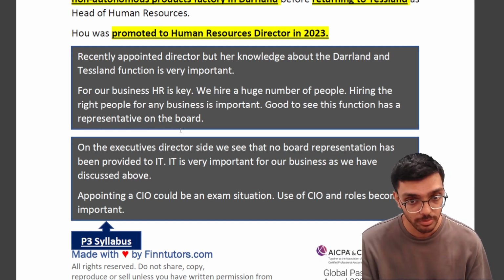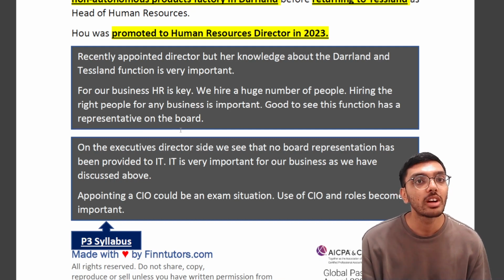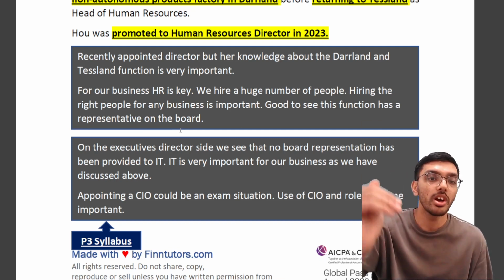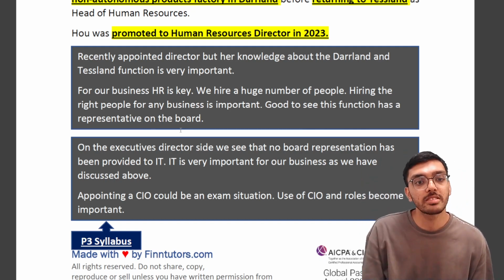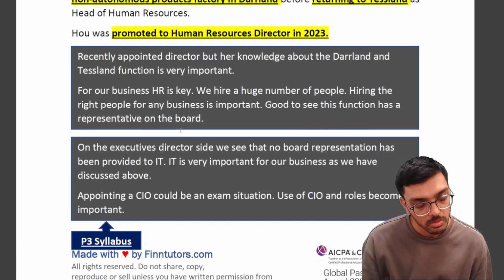Somebody is doing the IT function, yes, but it does not have board representation. So IT is very important for our business, as we have discussed above.